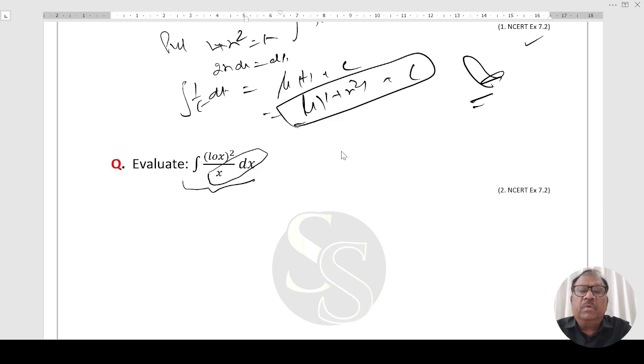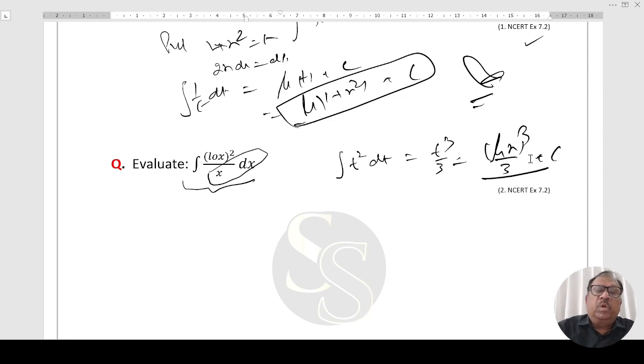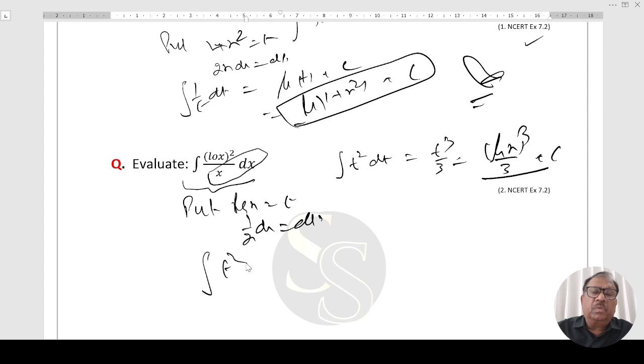So this will come out to be integral of t square dt, that is t cube by 3, that is log x whole cube by 3 plus c. We get this answer. Next question.